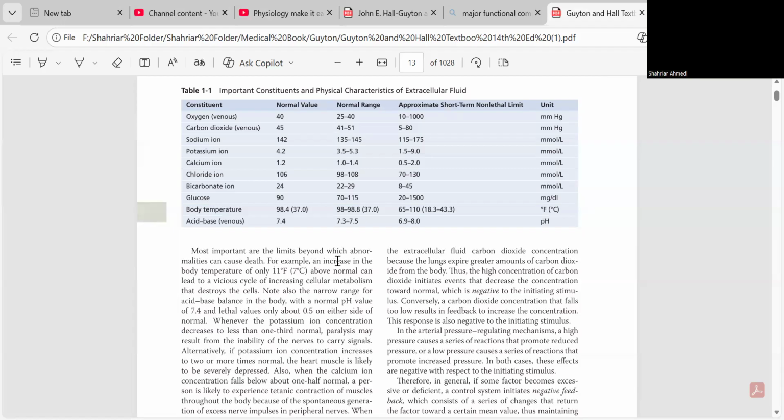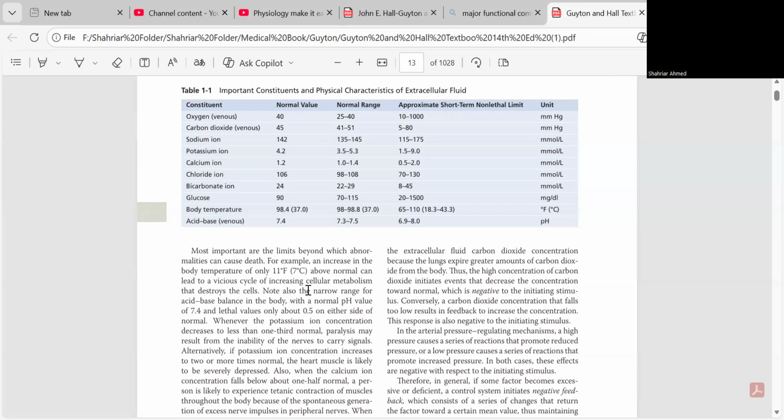For example, an increase in body temperature of only 11 degrees Fahrenheit, that is only 7 degrees centigrade, above normal can lead to a vicious cycle of increasing cellular metabolism that destroys the cells.